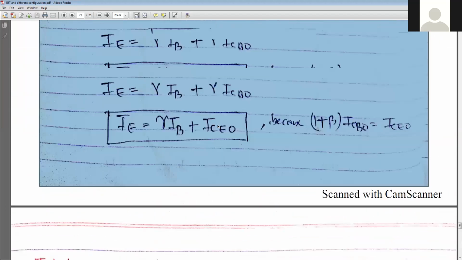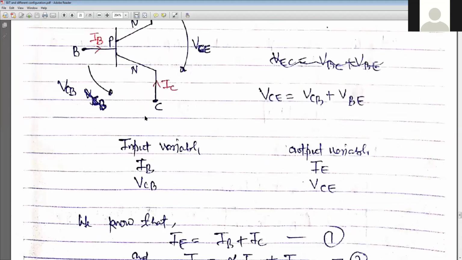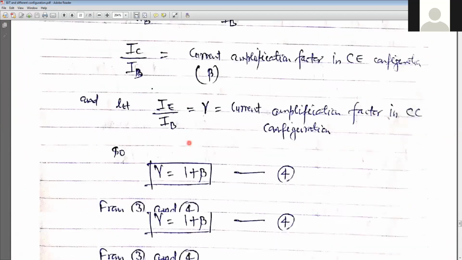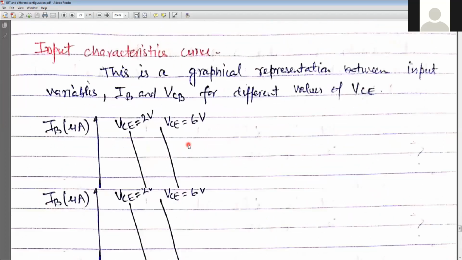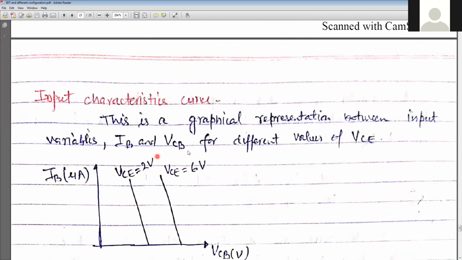As I told, if you want to draw the input characteristic curve, you need to draw the graph between these two variables, IB and VCB, for different constant VCE. So if you see this curve, this is the graphical representation between IB and VCB.